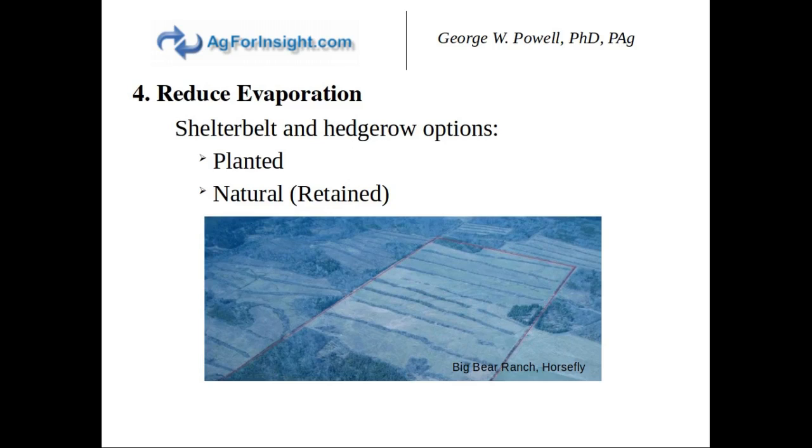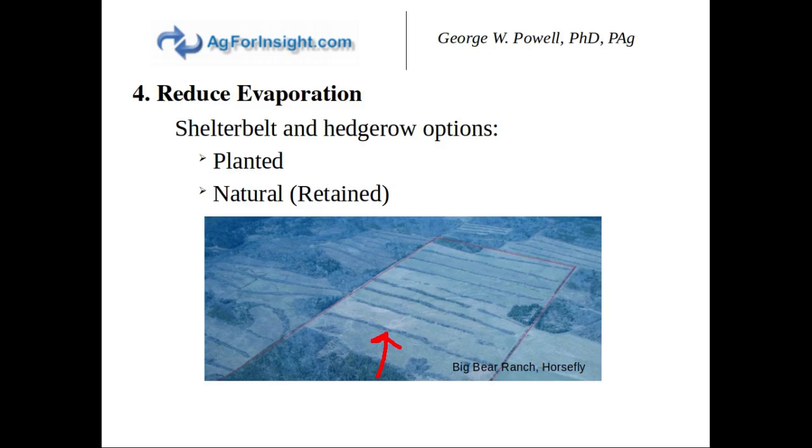Establishing shelter belts, hedgerows, and the like, you really have two options. They can be either designed and planted, or retained, a natural or semi-natural shelter belt. Example here from Horsefly at Big Bear Ranch. When the fields were cleared, they windrowed the woody material, and those windrows resprouted into trees and shrubs.